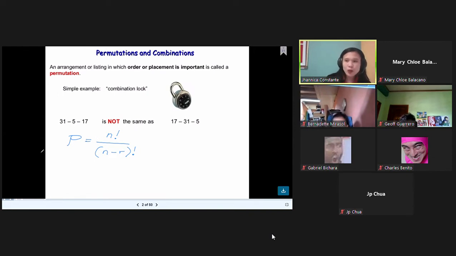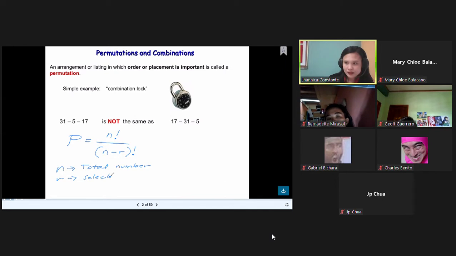So that is the formula where n stands for the total number and r stands for the selected number in the problem. So n is equal to total number and r is equal to selected number.